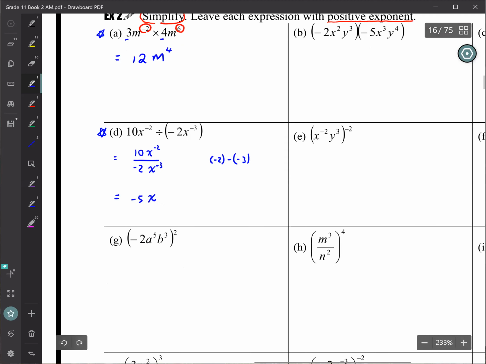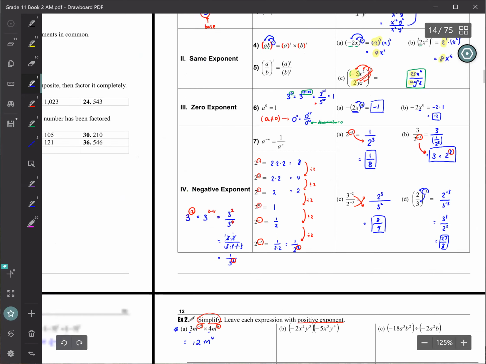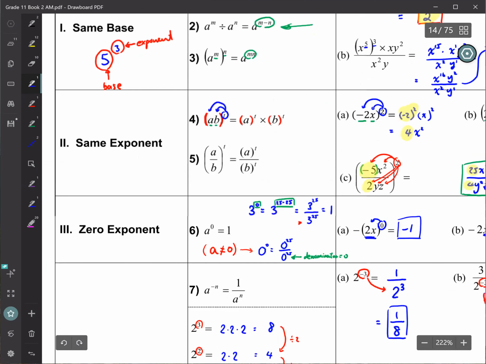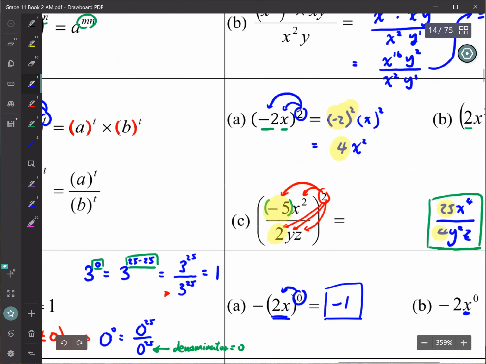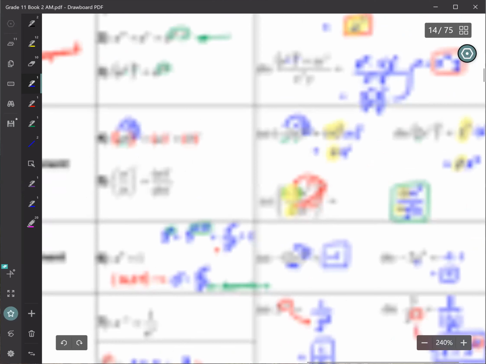And then next one, question G. This is the rule with same exponent. If you look back up, same exponents, you can share the exponent to the inside, but make sure you keep the brackets if there's a negative on the inside.